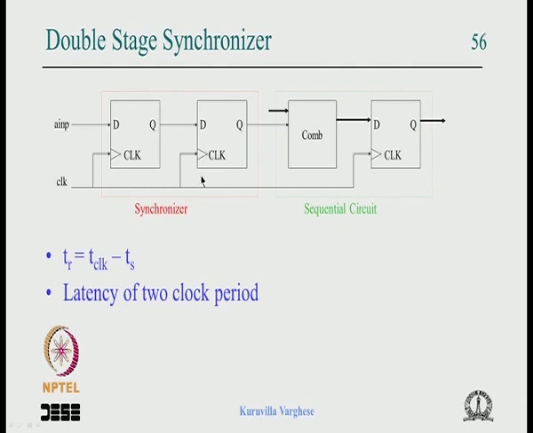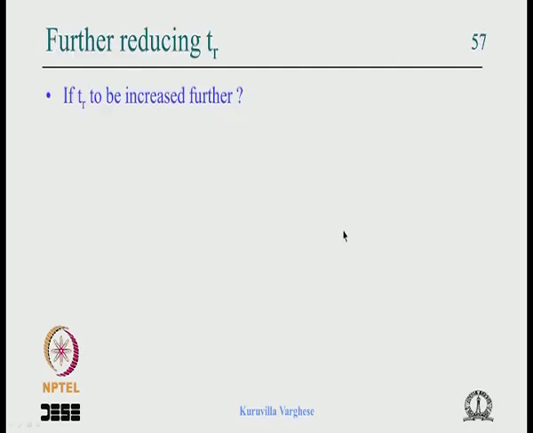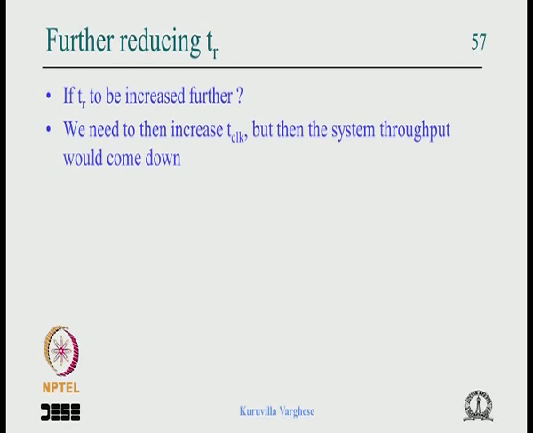What we do is put a clock divider. Assume the clock is coming from this side, we put a clock divider, say divide by 2 or divide by 3 or 4, and then give that slower clock to the synchronizer, but the sequential circuit will work with the original clock.